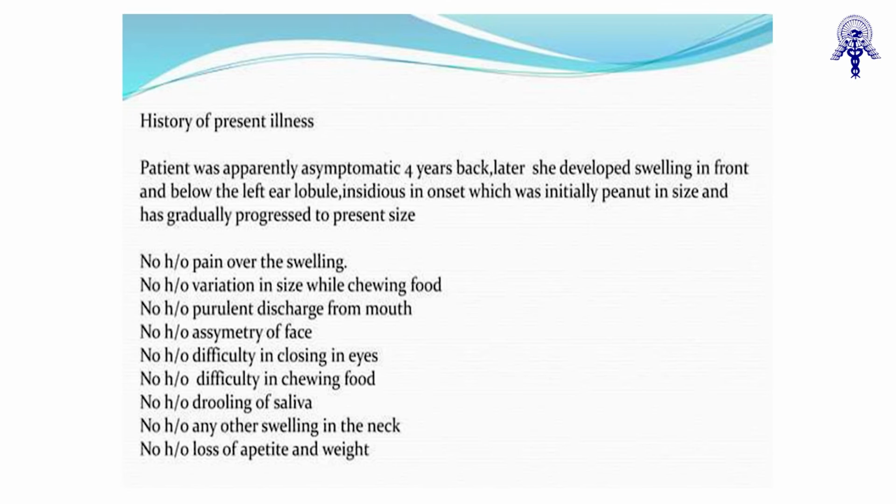The sir has already told us the swelling is in the left parotid region for the last 4 years, very insidious in progression, and about 8 by 7 centimeters in size. Now what is the history of present illness? What are the important points? This is the chief complaint. There was no other complaint from the patient, so what are the main points to ask in the history of present illness? Number 1, pain over the swelling. What does it mean?